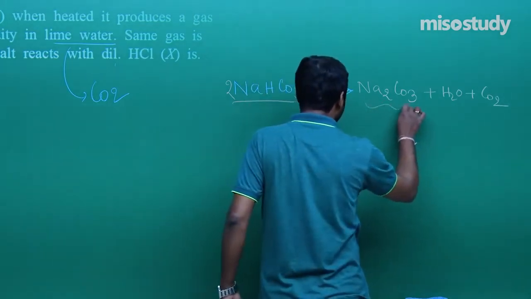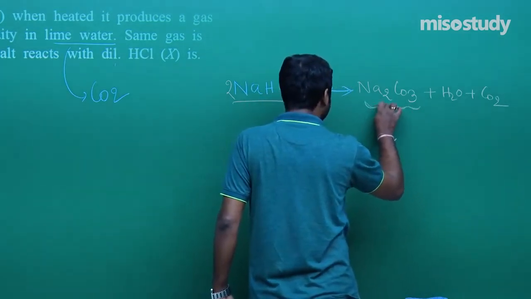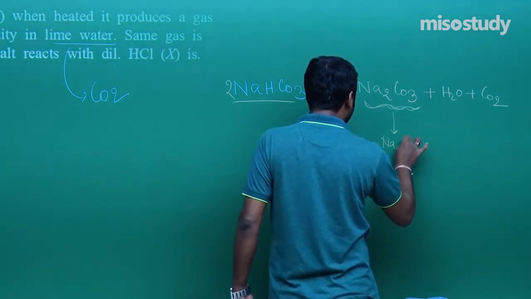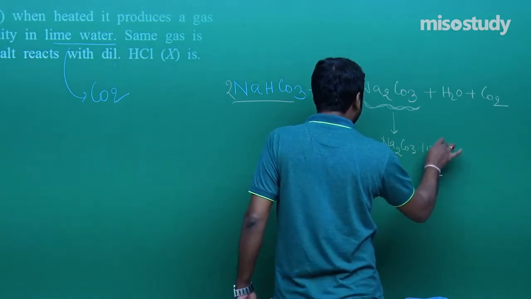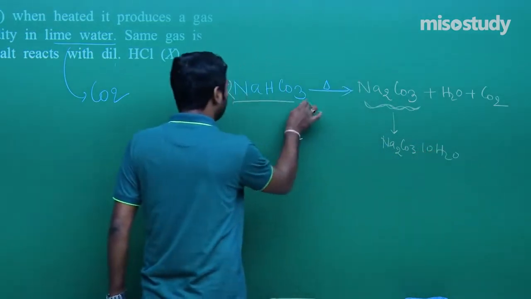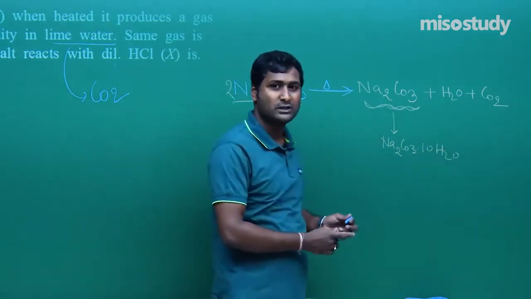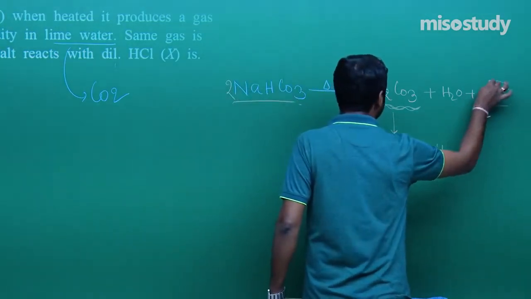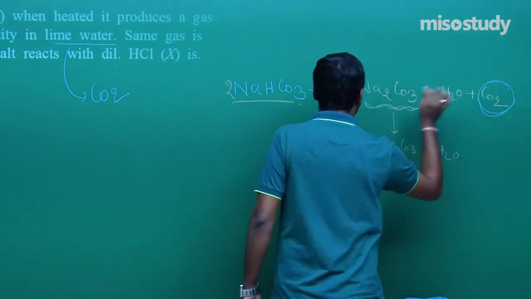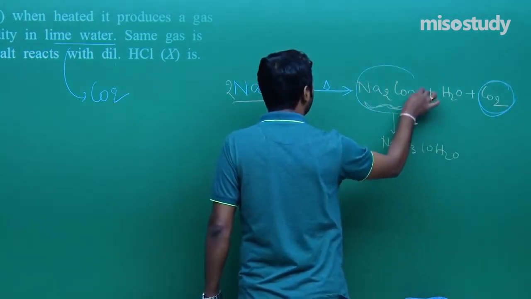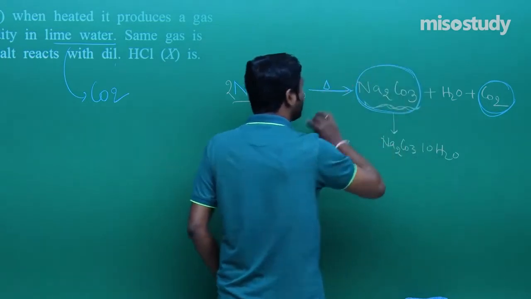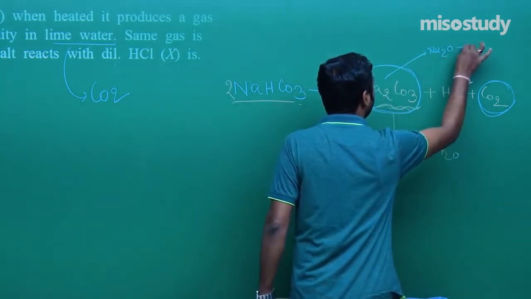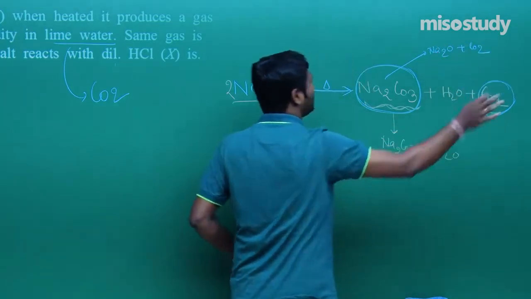Do you remember this? This is washing soda, Na2CO3·10H2O, and we know baking soda can be converted to washing soda by simple heating, and the byproduct is CO2. Yes sir, but we know Na2CO3 is most stable, so there is less chance of breaking Na2CO3 into Na2O plus CO2. So the first is not a correct option.